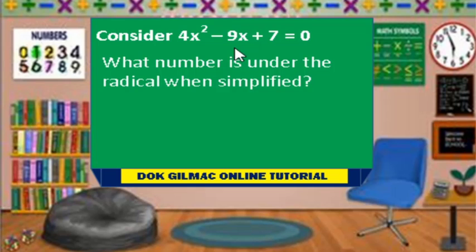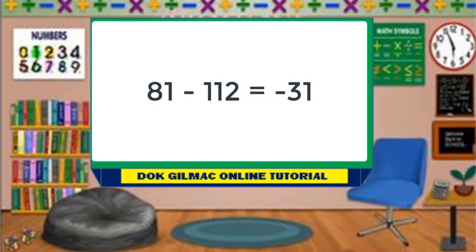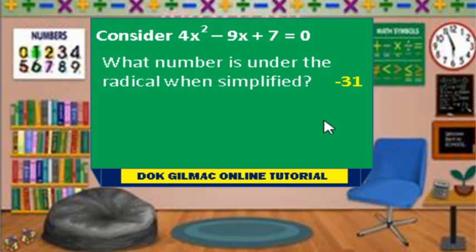So that is 81 minus 7 times 4 is 28, times 4. So just subtract b squared minus 4ac. 9 squared minus 4 times 4 is 16 times 7. So we have negative 31.